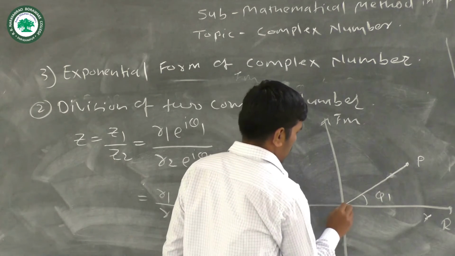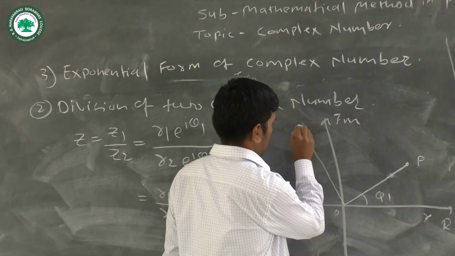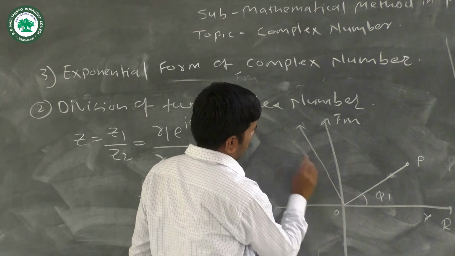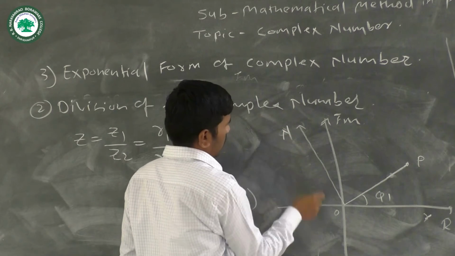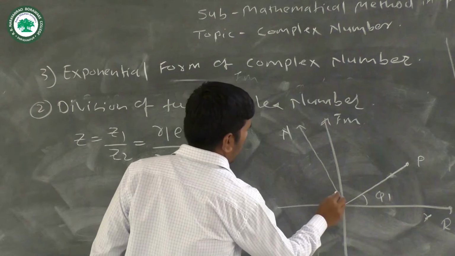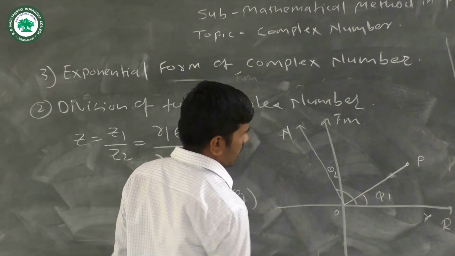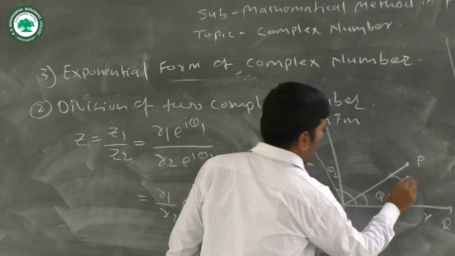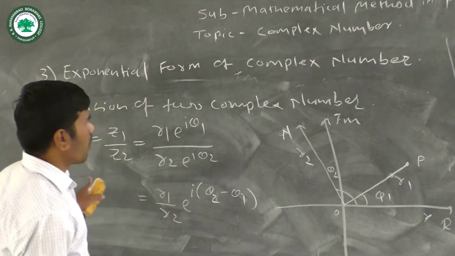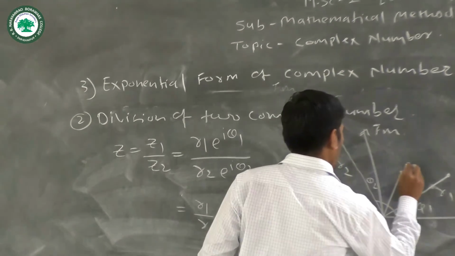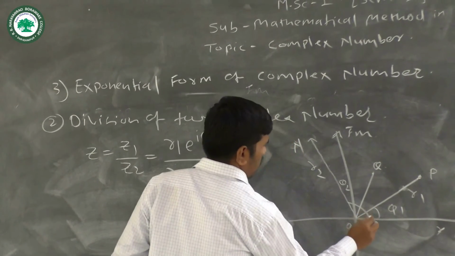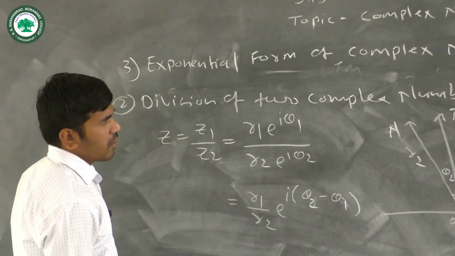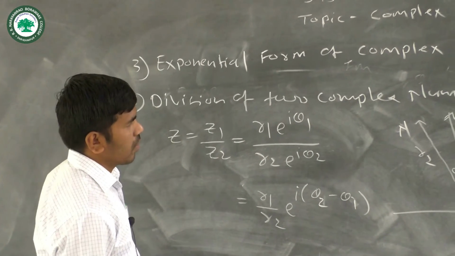Another one makes an angle theta 2 with the x-axis, and its modulus is r2. The division of these two complex numbers we can represent with OQ, making an angle theta 2 minus theta 1 with the x-axis. So this is the representation of the division of two complex numbers in the Argand diagram.